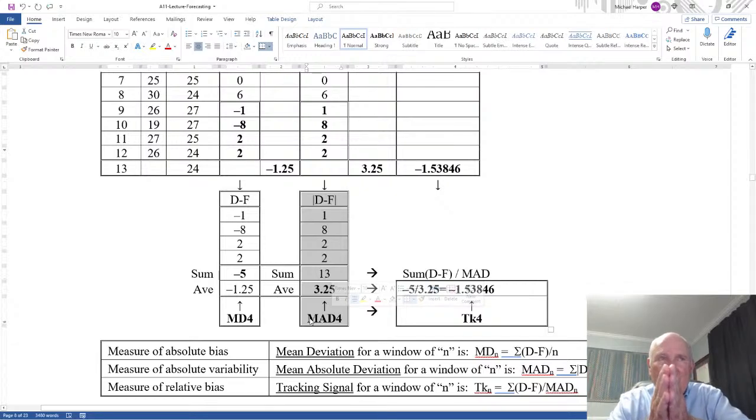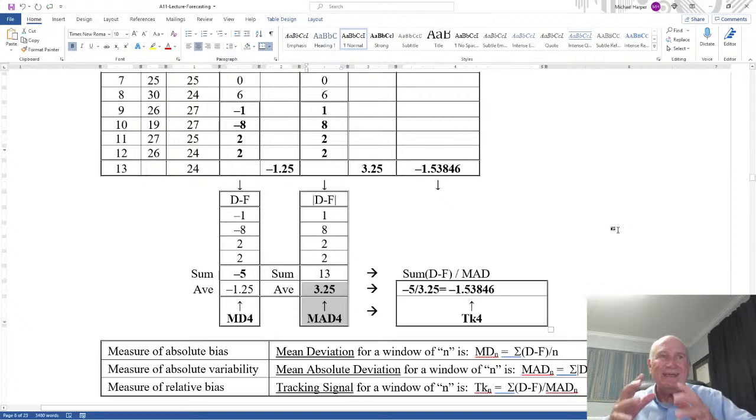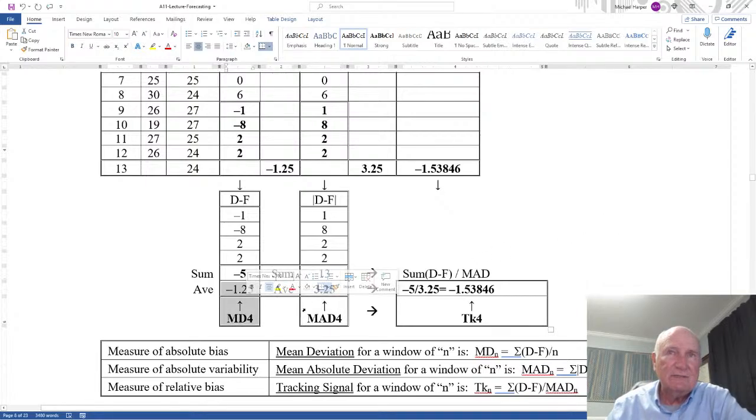Even though there's no bias, there's a lot of variability. So the MAD really is an indication of the variability. It's a measure of the absolute variability of a time series. And a lot of times that variability is used to indicate how much risk there is in that forecast. Okay, the bias is how much bias there is, and this is the risk for the forecast.